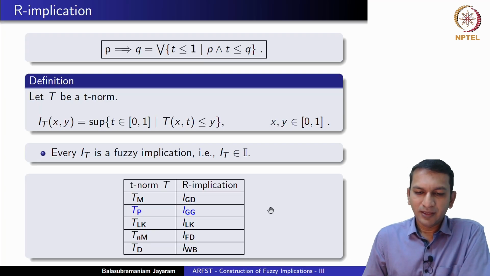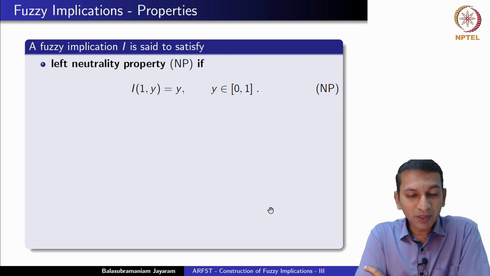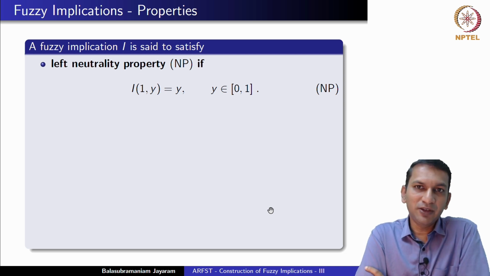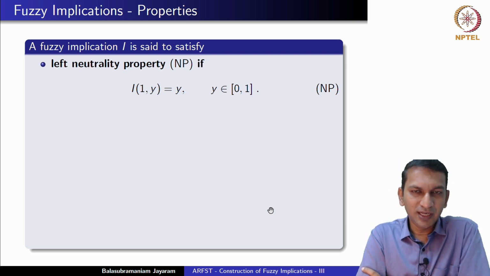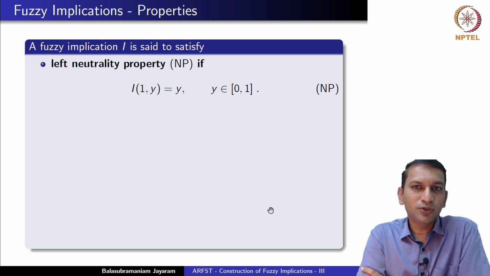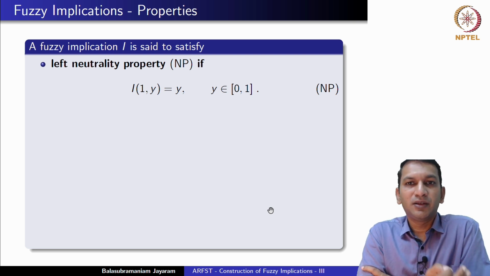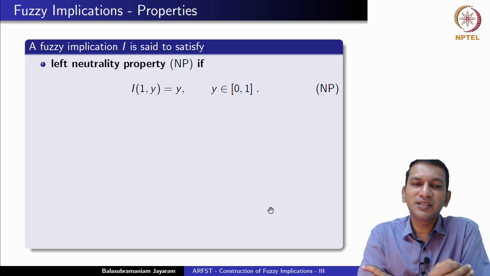Well, let's look at discussing the desirable properties of the family of R implications. Once again, let's recall that we have these 4 properties: the left neutrality property, or just the neutrality property, which talks about if x is equal to 1, then the implication should take the value that is in the second argument.